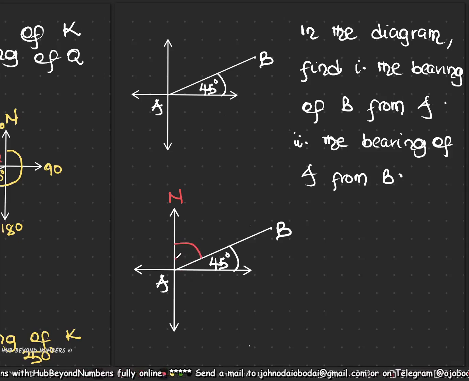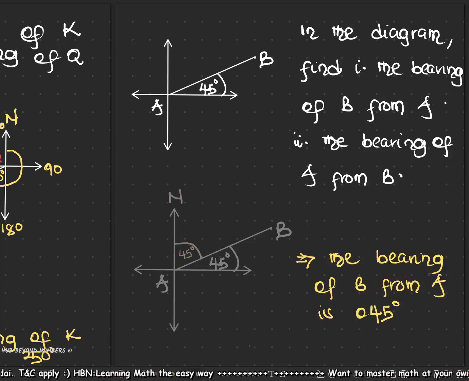Now, we know this angle here is 90 degrees. And if it is 90 degrees and 45 has already been taken, then what we have left here is also 45 degrees from the north. So this simply implies that the bearing of B from A is what?